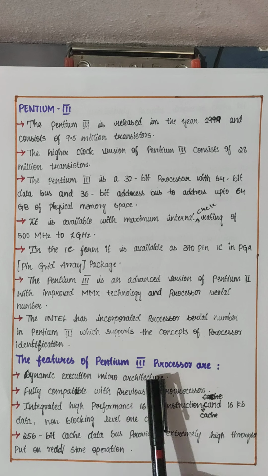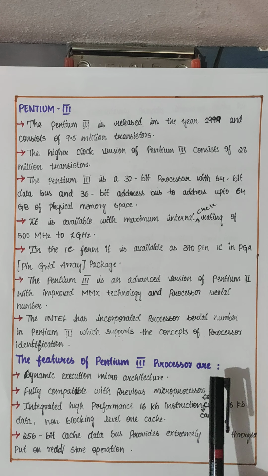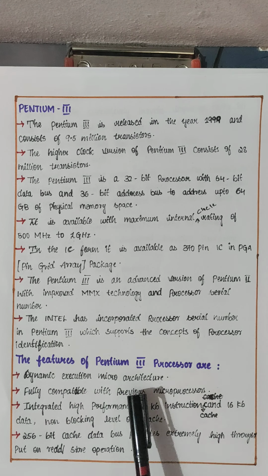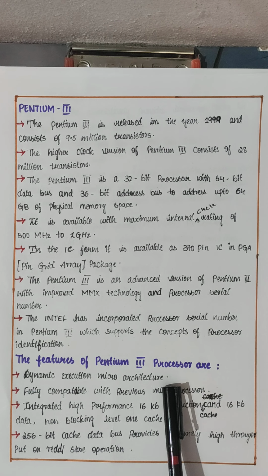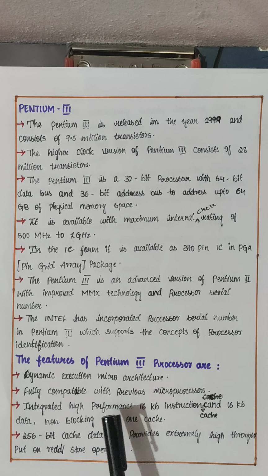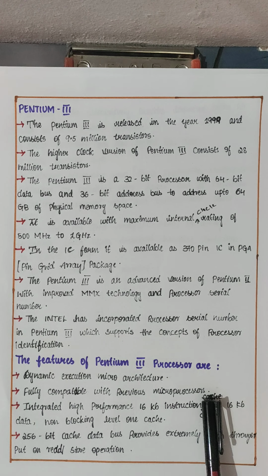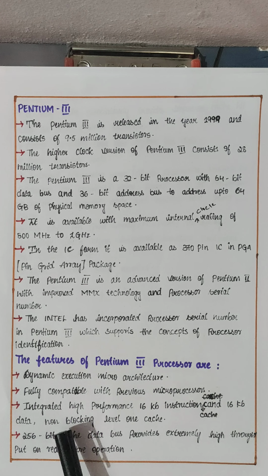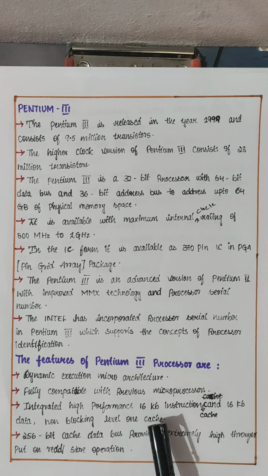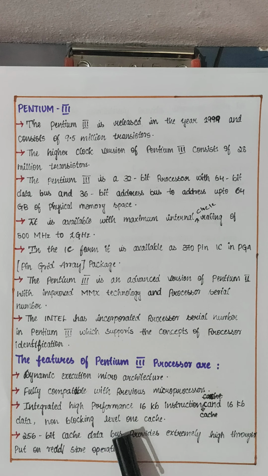We'll see the features of the Pentium 3 processor. Here a dynamic execution micro architecture was introduced. This Pentium 3 processor is compatible with the previous microprocessors as well, and it consists of an integrated high performance 16 KB instruction cache and 16 KB data non-blocking level 1 cache.